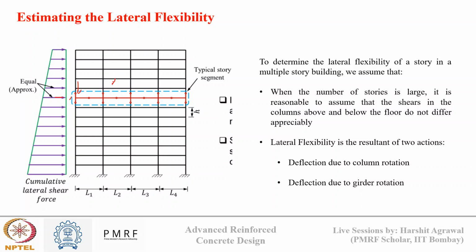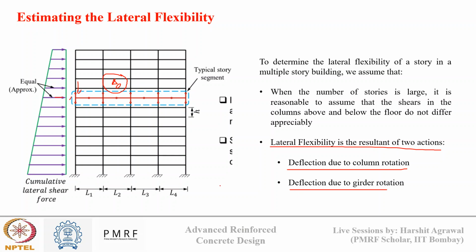But how to calculate the deflection delta naught between the top and the bottom? To calculate this deflection delta naught, we calculate the lateral flexibility of a story, that is, how flexible one story is. What is this lateral flexibility? It is the resultant of deflection due to column rotation and girder rotation.